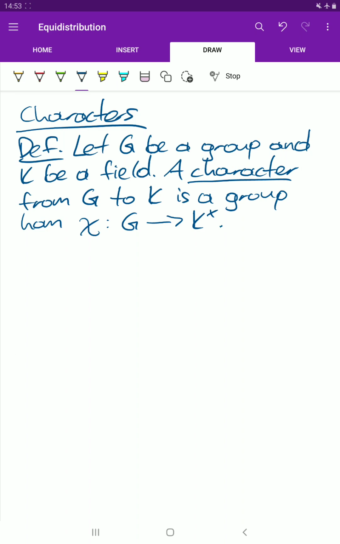There exists also a representation theoretic one, which is related but not the same. Okay, so now we have our definition.